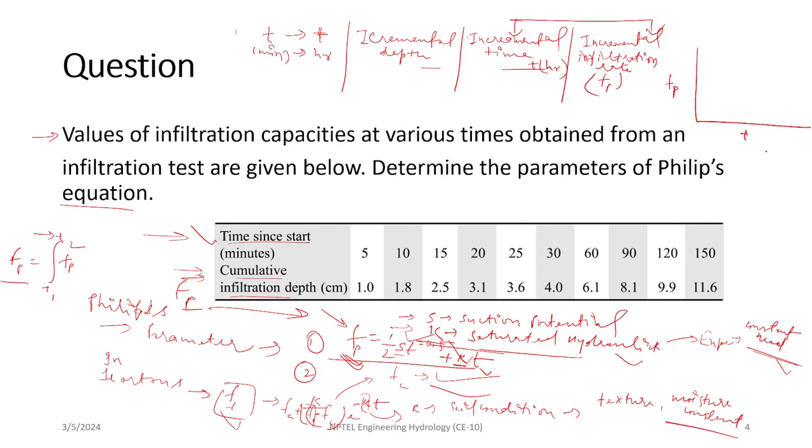But here we are not taking t, we will be taking t to the power minus 0.5. It will make things easy because we can directly convert this equation in the form of y equal to mx plus c. Got it? Yes. Okay.